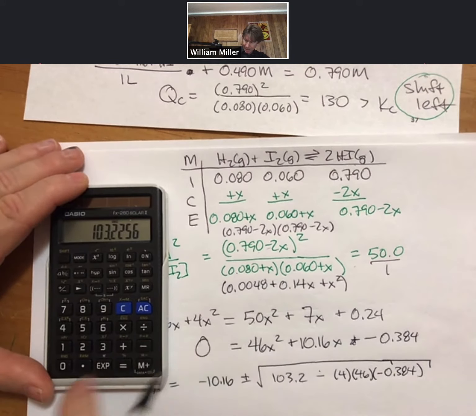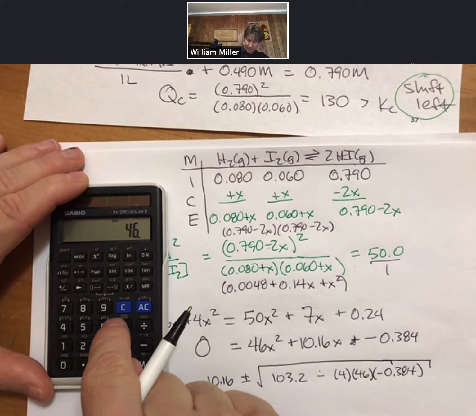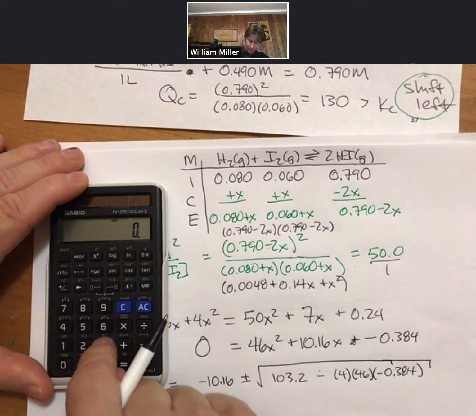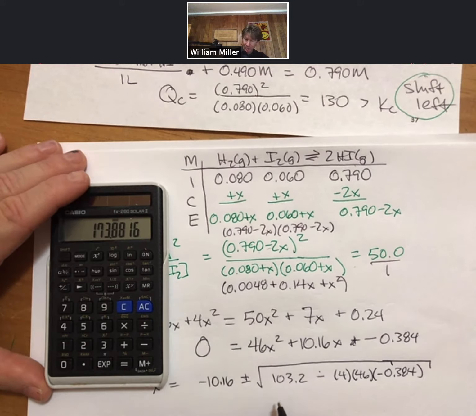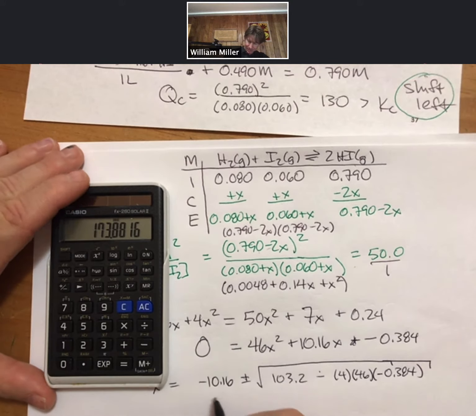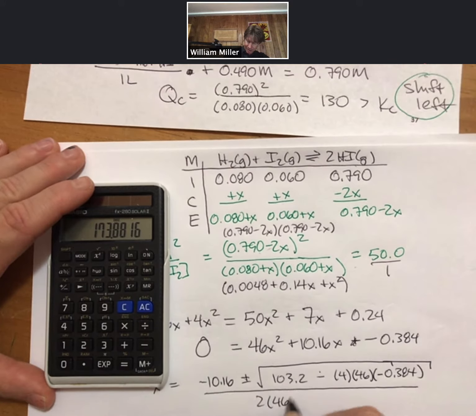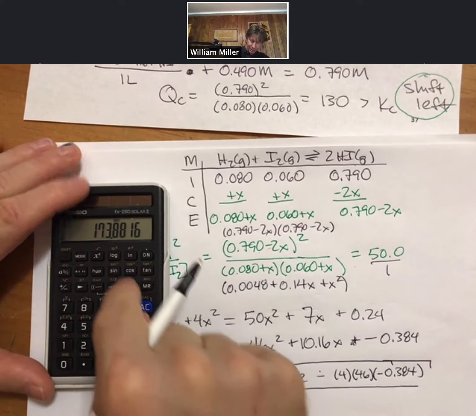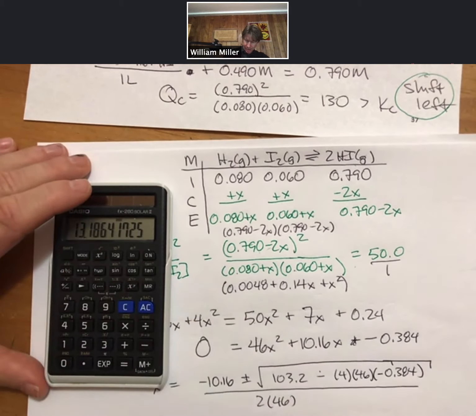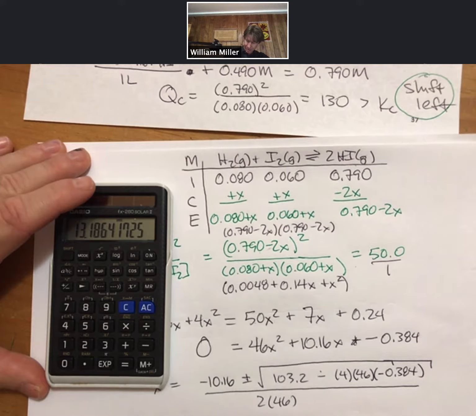So minus 4 times 46 times 0.384 gives me 173.8 under here, over 2 times 46. 10.16 plus or minus square root of 173.2 over 92.